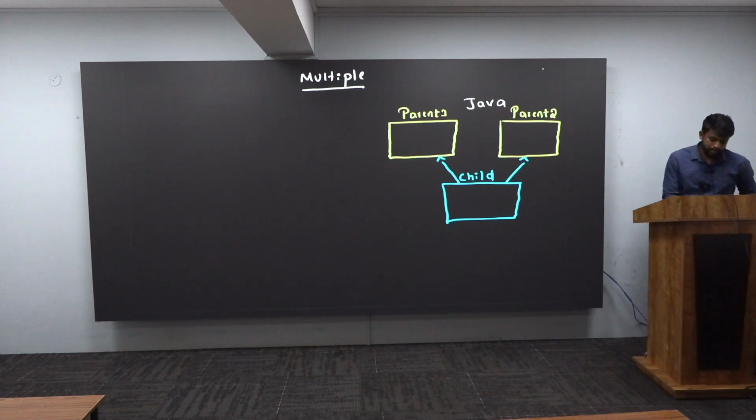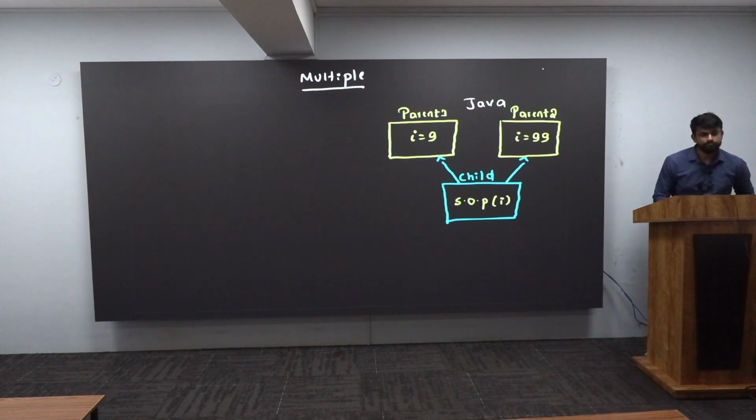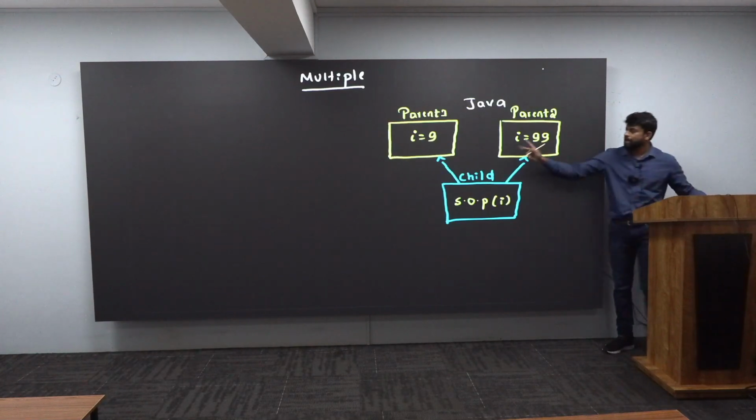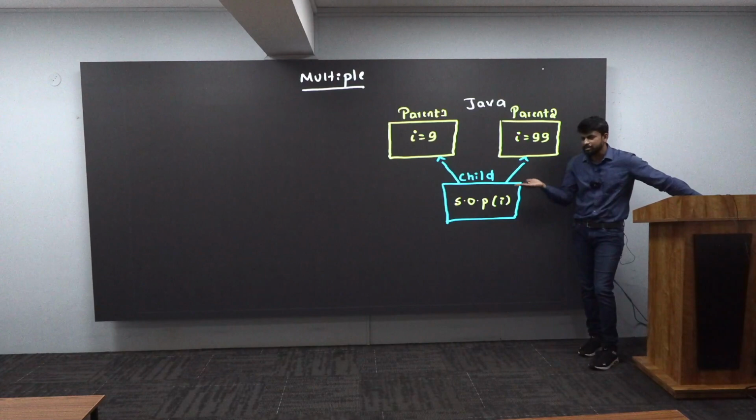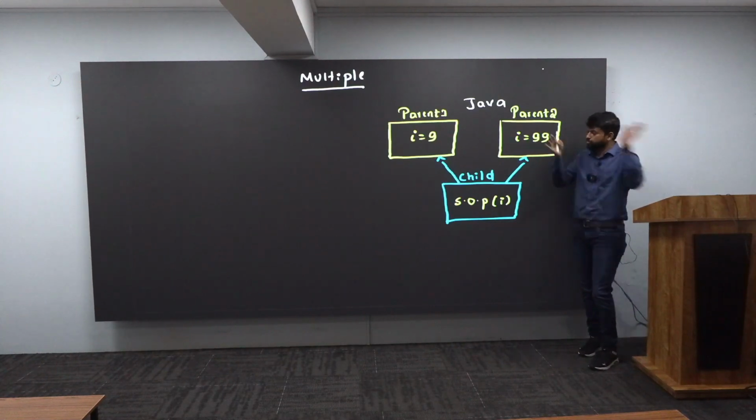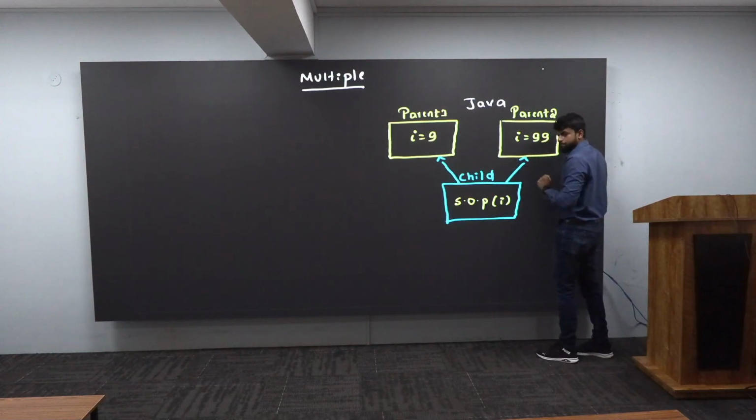What I will do is, in the parent 1, I will give I equal to 9. In the parent 2, I will give I equal to 99. Now when I come to the child, I will print that I. Now think and tell me, how many I will reach child? Whatever I have told till now, use the same knowledge and put it here.